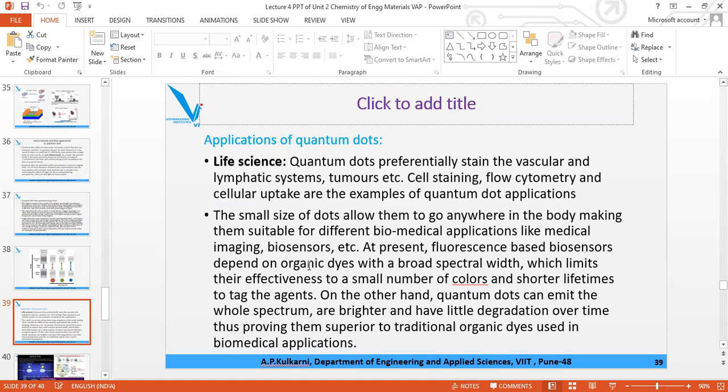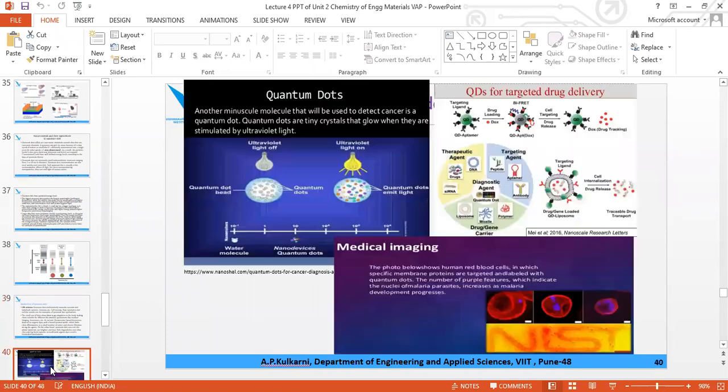But if these quantum dots remain there, they are not hazardous. Even then, they come out of your body on their own, maybe through urination, maybe through vomiting, etc. In any way, they are removed from the body.